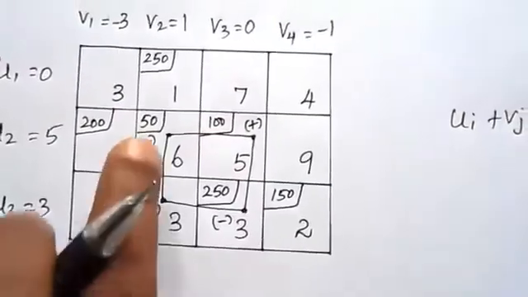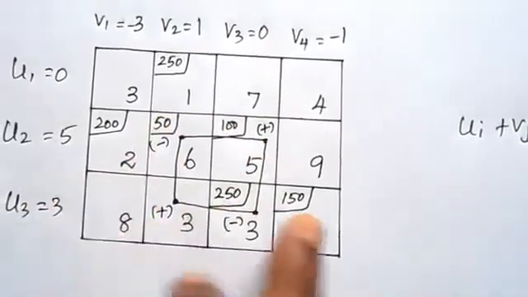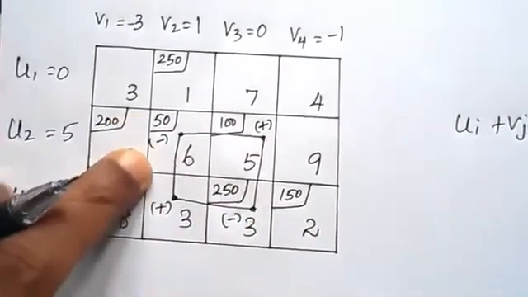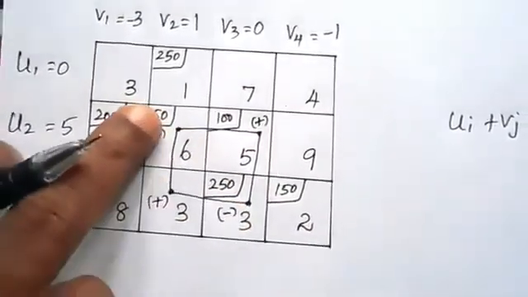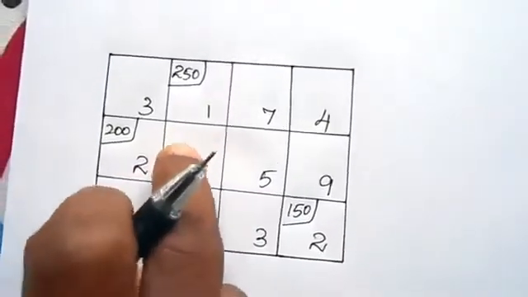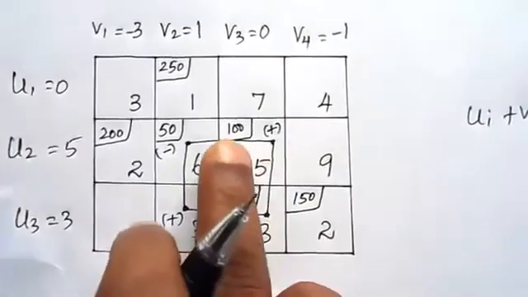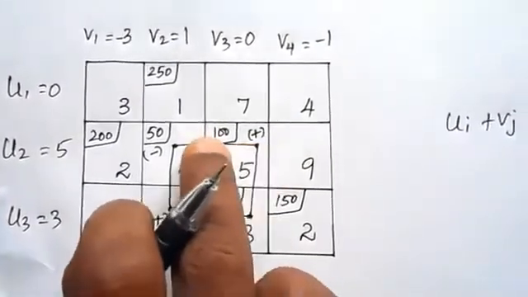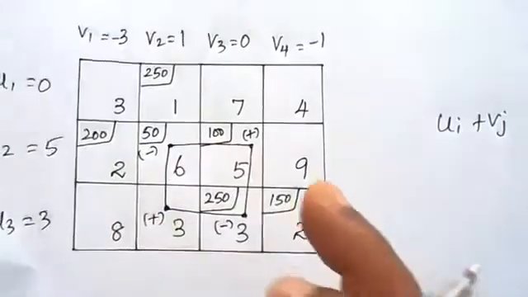Now you have to find the new values for these 4 cells. Here you have to subtract 50. So least value is 50. 50 minus 50, 0. So there is no allocation for this cell. Here already 100 is there. Now you need to add 50, then it will become 150.